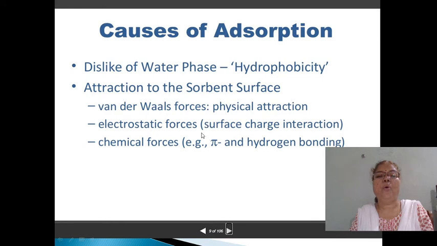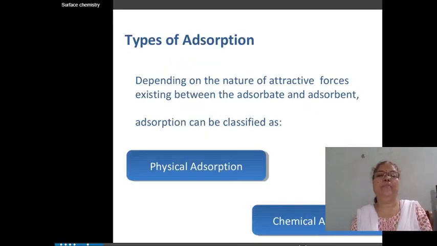These are the causes behind adsorption. Here, hydrophobicity, attraction to sorbent surface, then van der Waals forces, electrostatic forces, and chemical forces, they cause the adsorption phenomenon.